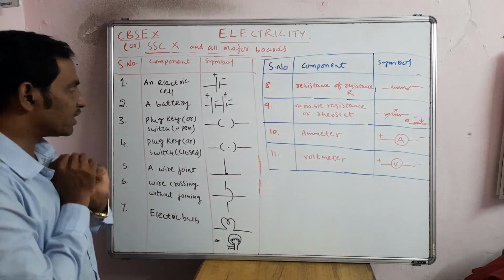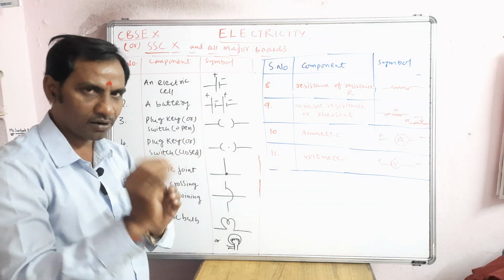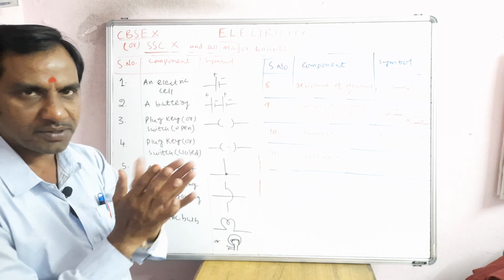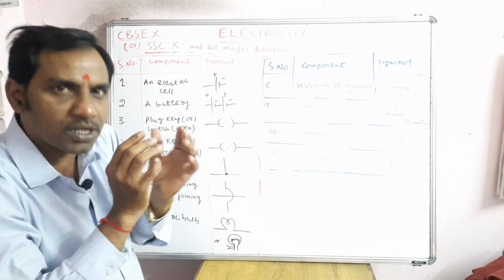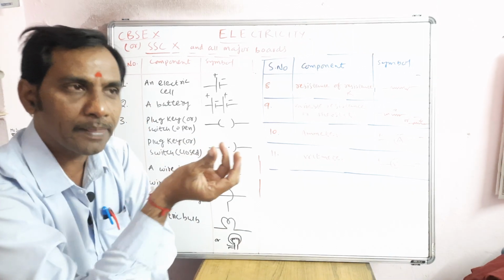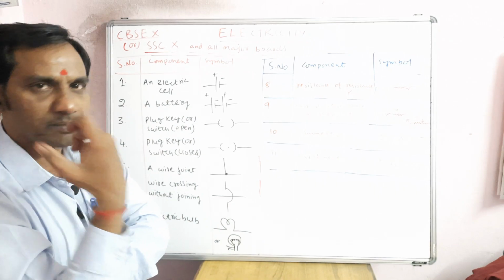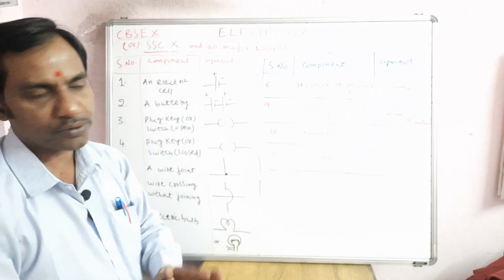Now, generally the cell you use in a remote, battery and so on, is actually called a dry cell. Generally it is cylinder shaped, but in physics, instead of drawing the whole cell used in a torchlight or remote control, we don't need to draw that much. The simplified way we represent it in a circuit is like this.